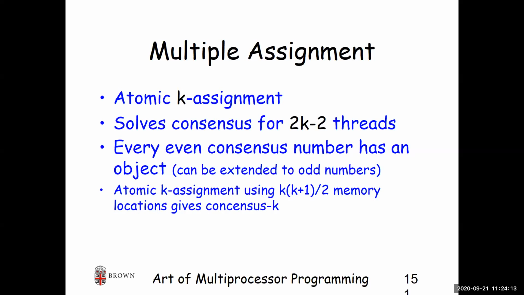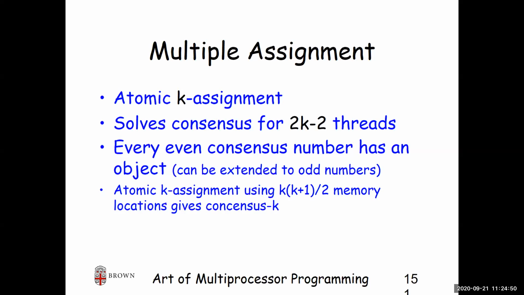And so k equal 3 solved for 2 threads. This isn't the same as what this slide says, I'm now realizing. Assignment, well, okay, it's assigning to 2 out of 3 memory locations is what it's doing, right? Okay, so that's what's going on. So k assignment is going to give us 2-thread consensus.